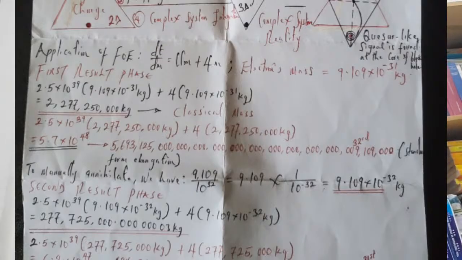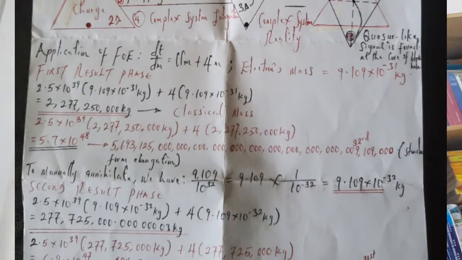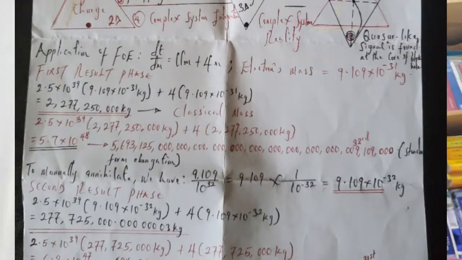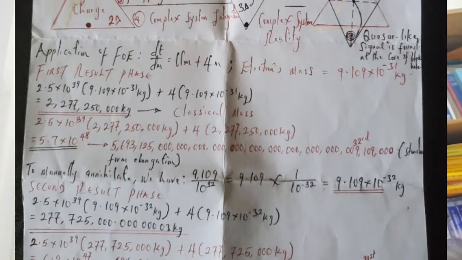Now if we put the value of our electron in the place of this M and this M, we're going to have what we have under the first result phase. And by solving that, we have this value as our classical mass, which is 2,277,250,000 kilograms. That is the classical mass.